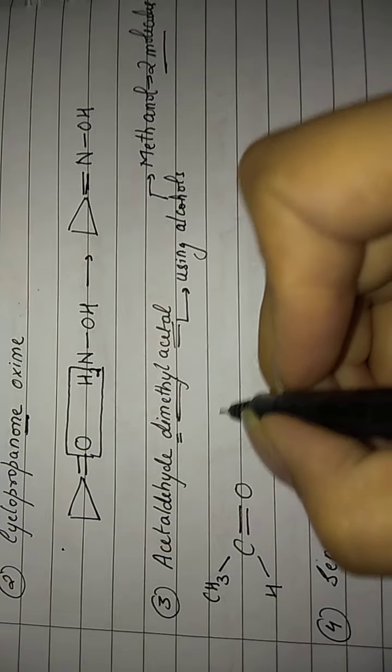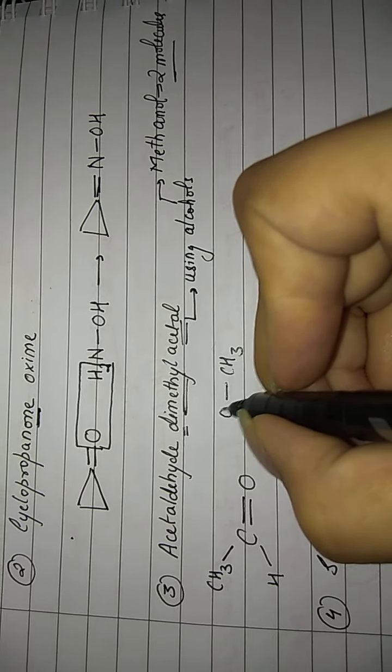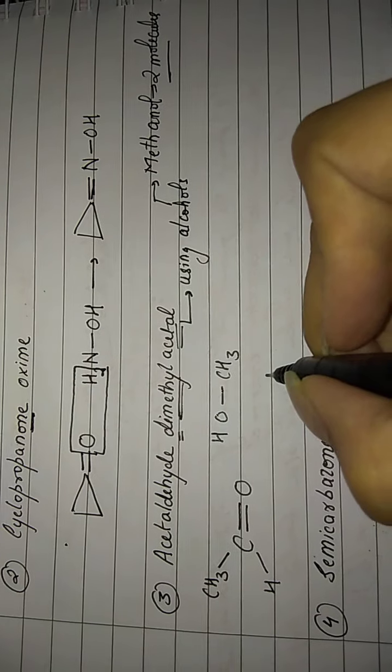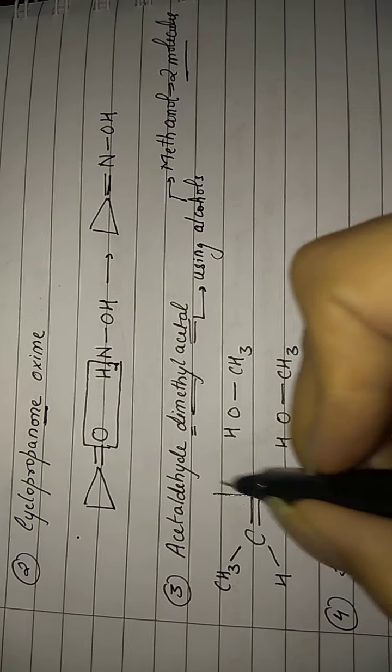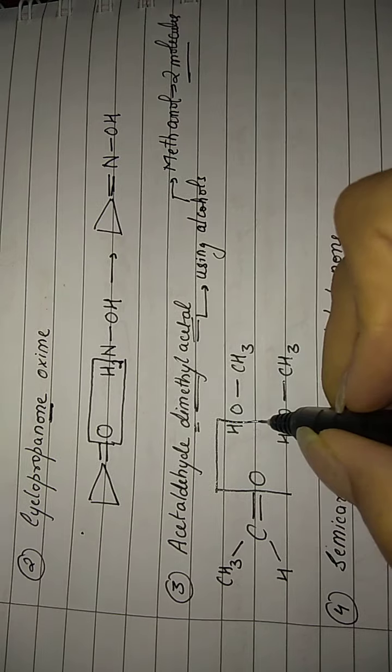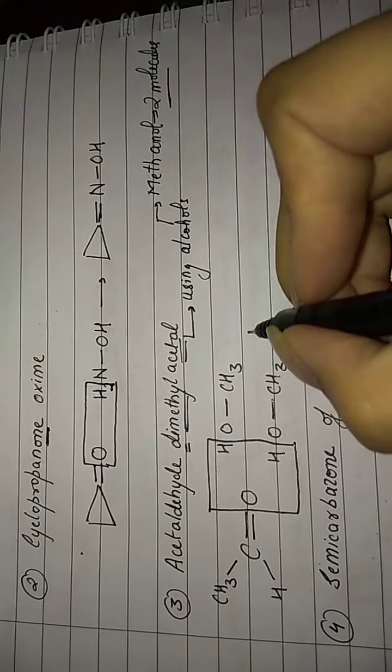How do I write them? I write them like this: CH3OH and the next molecule CH3OH. Now what I have to remember is that I have to remove water like this. H2O will be removed from here.